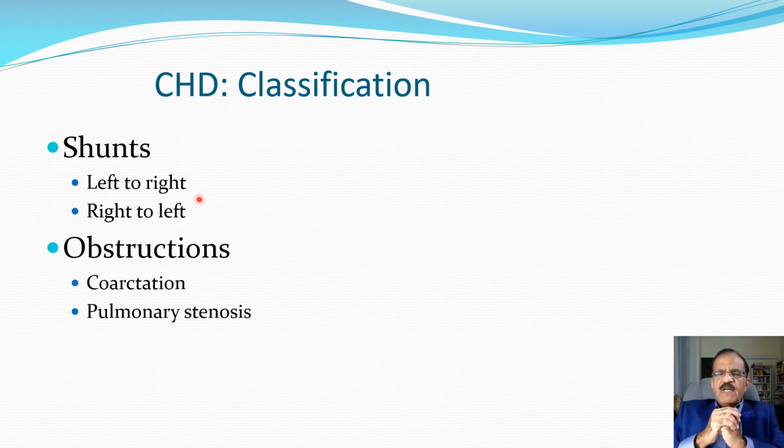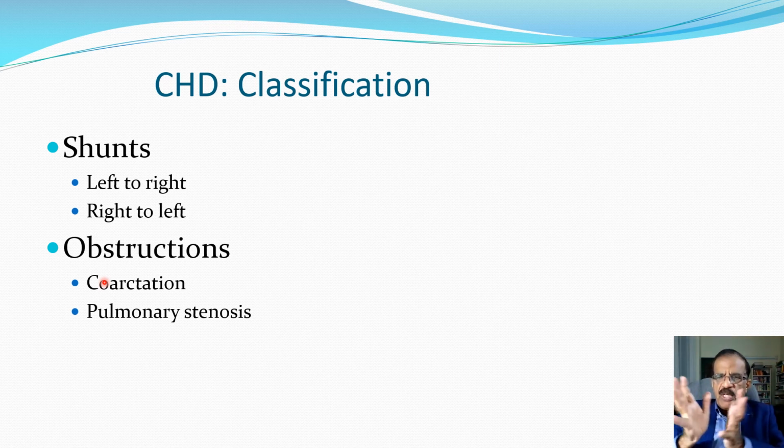Then you may have some simple obstruction, and there is no abnormal communication between two sides. There's just simple obstruction. One very important condition is coarctation of the aorta, where there is a kink, there is some narrowing in the aorta just distal to the aortic arch. That would result in decreased circulation in the lower part, and this condition we will discuss later.